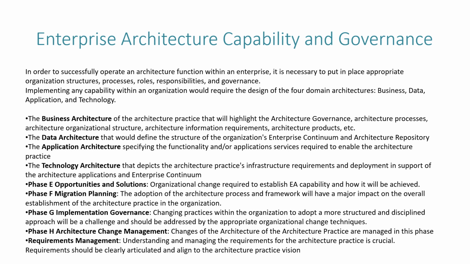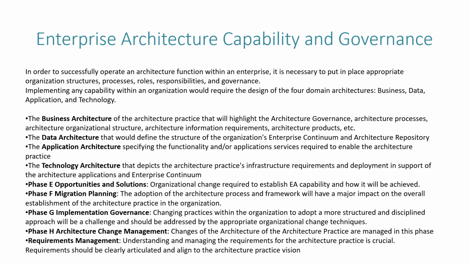Technology architecture will define how LeanIX will be deployed. In opportunities and solutions, we will identify the organization changes required to establish the EA capability. And in migration planning, it might define the adoption of architecture processes and frameworks.